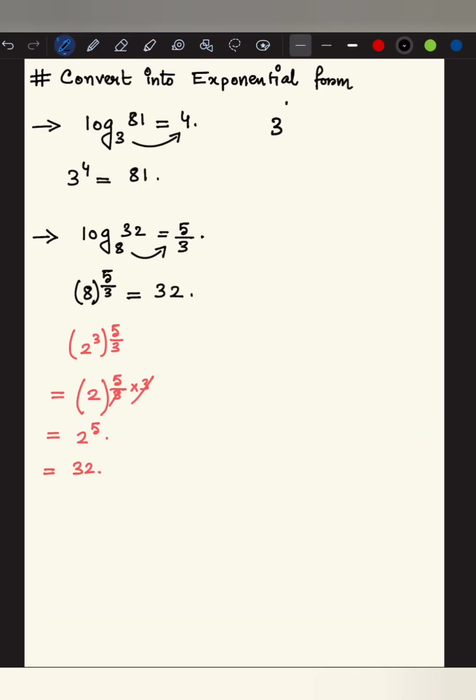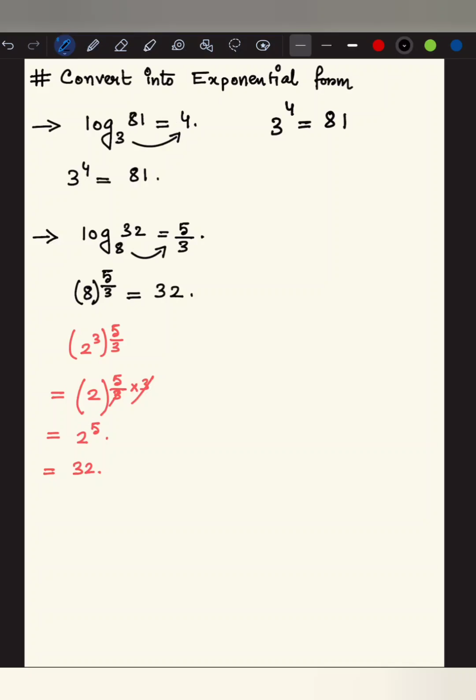Okay, because we know that 3 to the power 4 equals to 81. So the number on the right will be the power of the exponent, and this 81 will be the value that will come to the right hand side of the equal to. Okay, so it comes up to be 3 to the power 4 equals to 81.